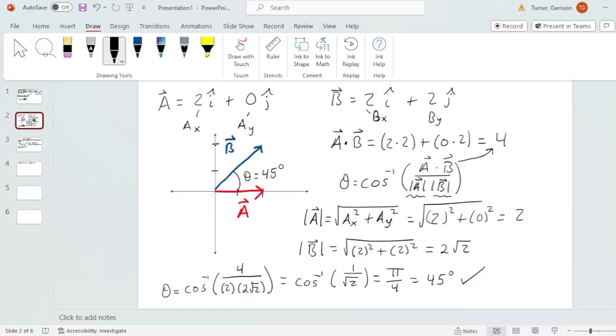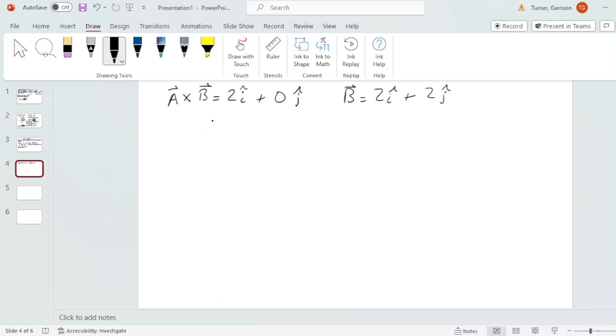It's the same set of vectors that we had before. And now we're going to compute this cross product calculation. So A cross B, and what you should do, by the way, when you have a cross product, if you have components that are missing, just add the missing components. It'll be a lot easier.